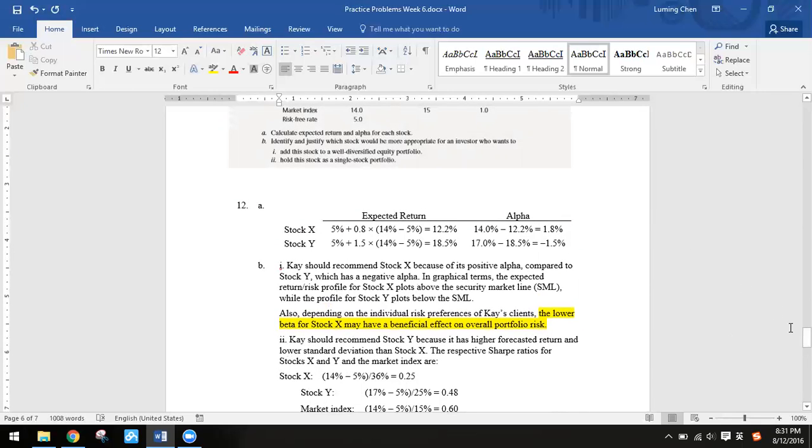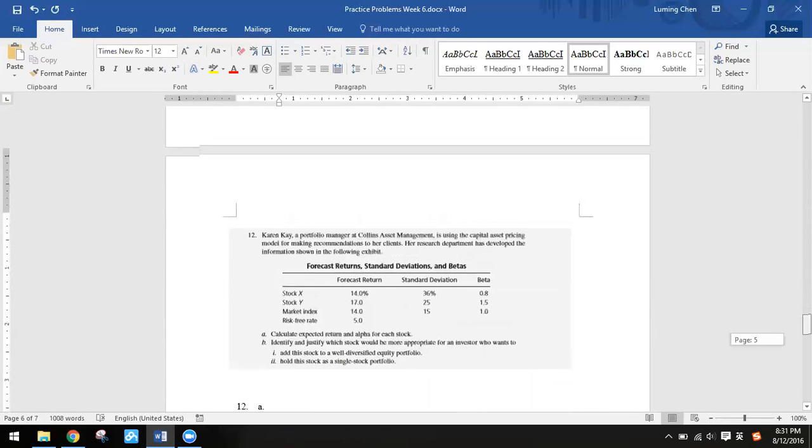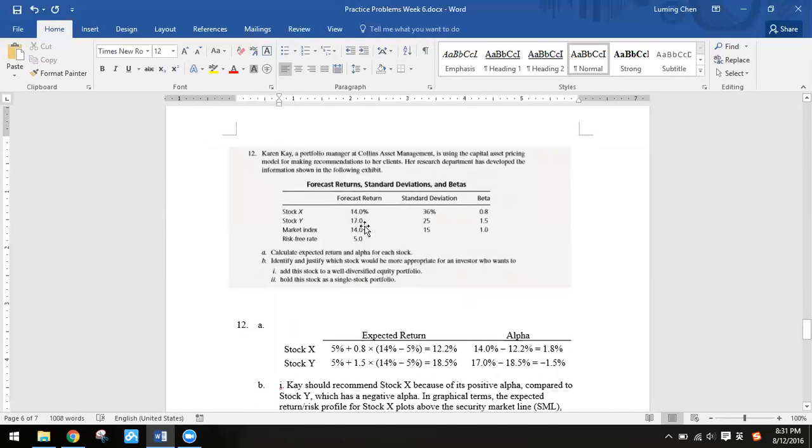Why is that? Because stock Y has a higher expected return, and it has a lower standard deviation.